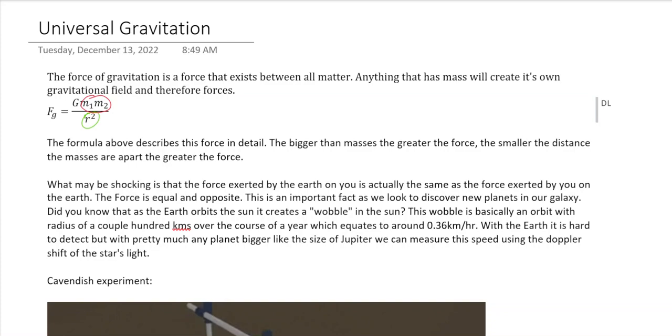We can measure this speed using the Doppler shift of light, and that's going to be in our next unit, so we're not going to worry about that right now. But the big idea here is forces are always equal and opposite. So if gravity is affecting one mass, it's also going to affect the other mass the same way.